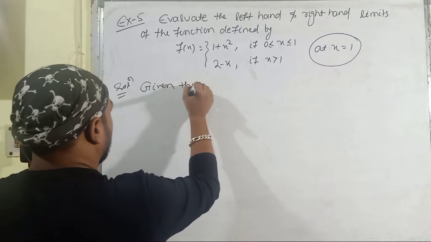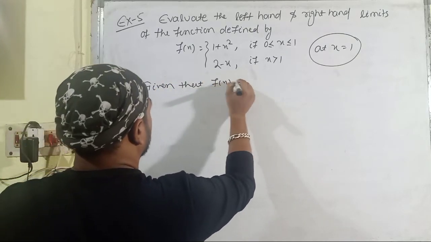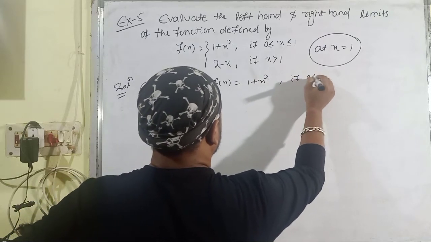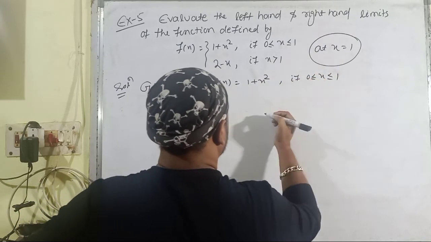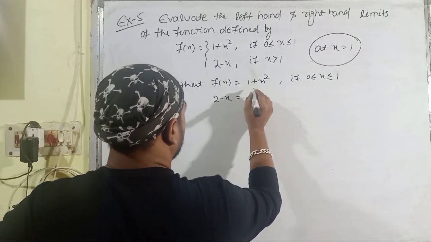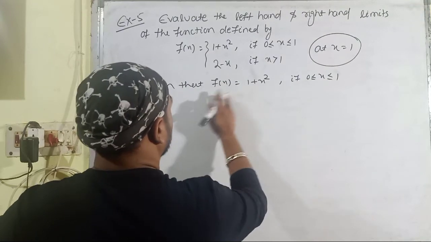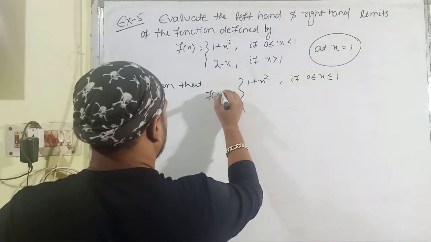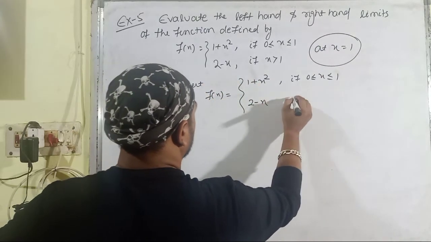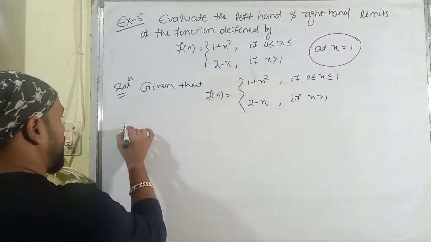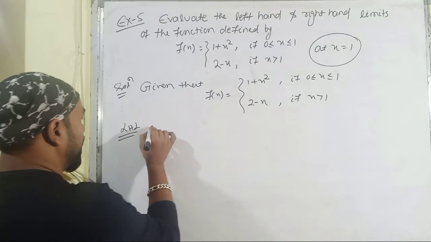Given that f(x) = 1 + x² if 0 ≤ x ≤ 1, then 2 − x if x > 1. So let us start from the left hand limit.